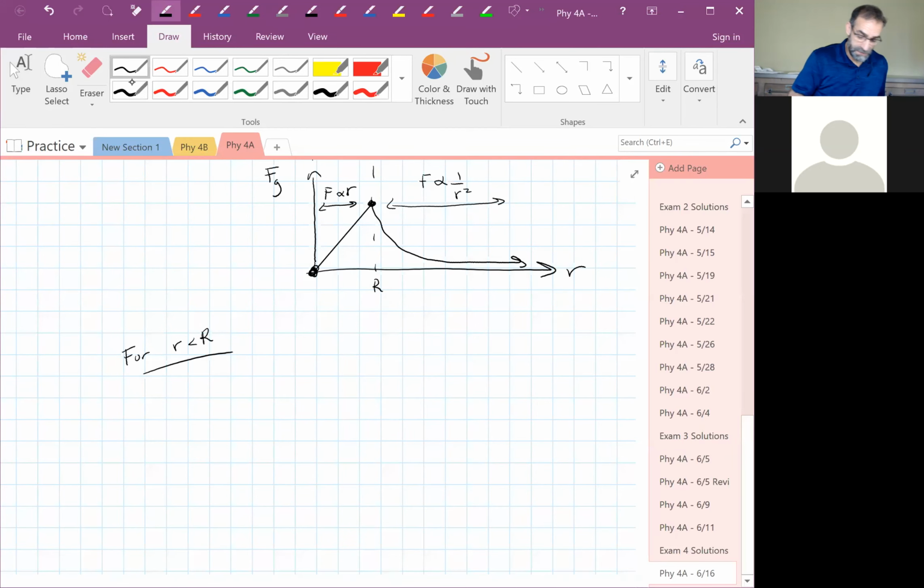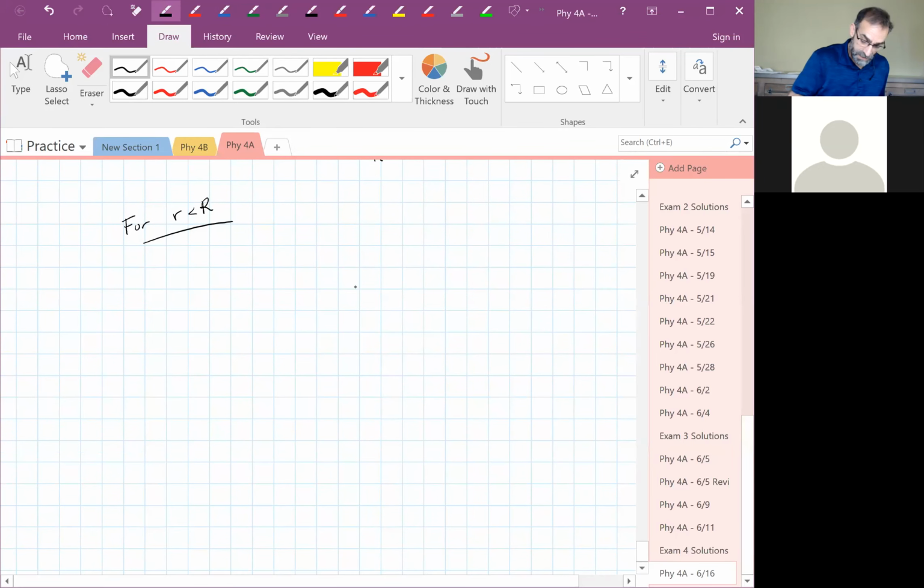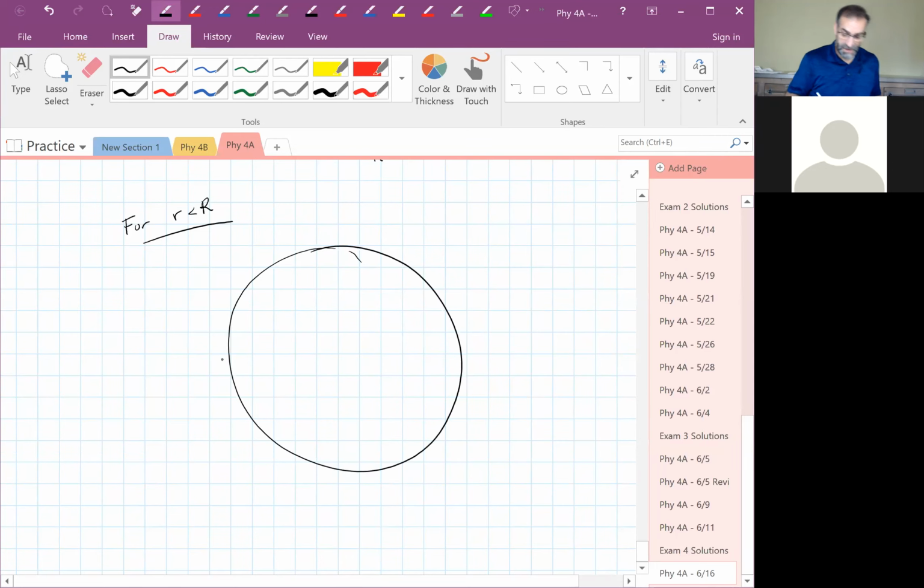Okay, so Newton had to invent calculus to figure this part out, but let's just sort of reason through it. We have a spherically symmetric distribution of mass. That's a big solid chunk of mass. And if we go inside of it, if we're here, we want to know what's the force of gravity acting on us at this location.